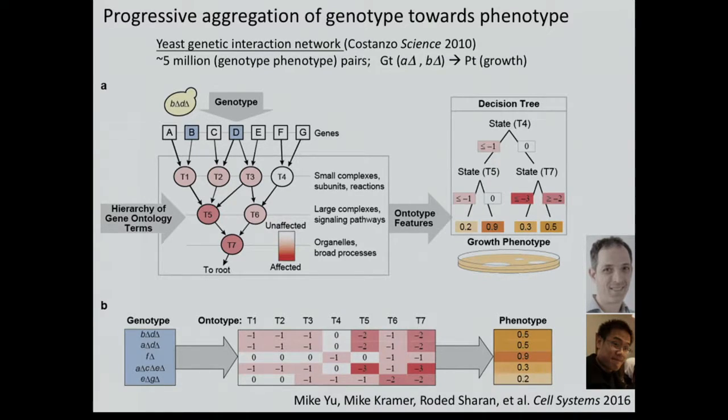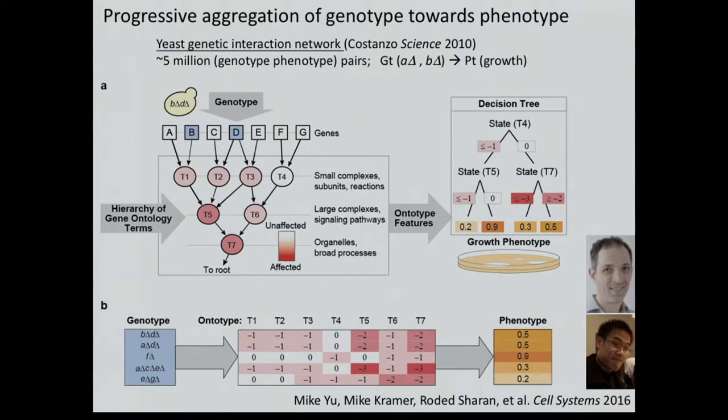So again, yeast is a great model to think about functionalizing the GO because of those genetic interaction experiments that Anastasia is going to be talking about later. We have, even as of this publication, about 5 million genotype-phenotype pairs of the form: a pair of genes is deleted and they measure a growth rate.